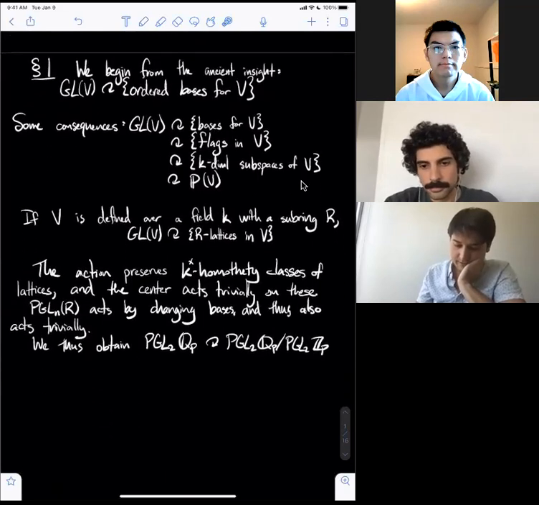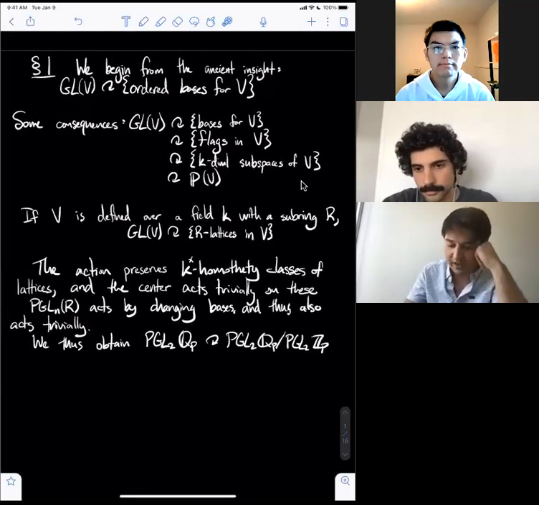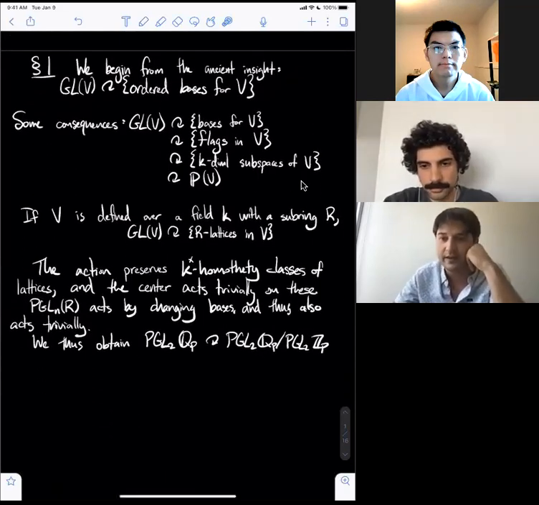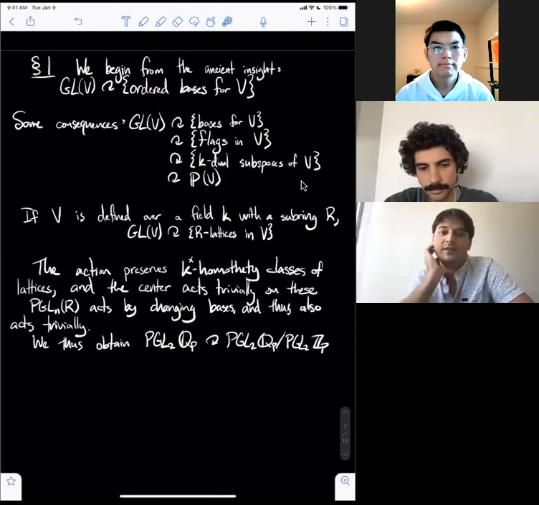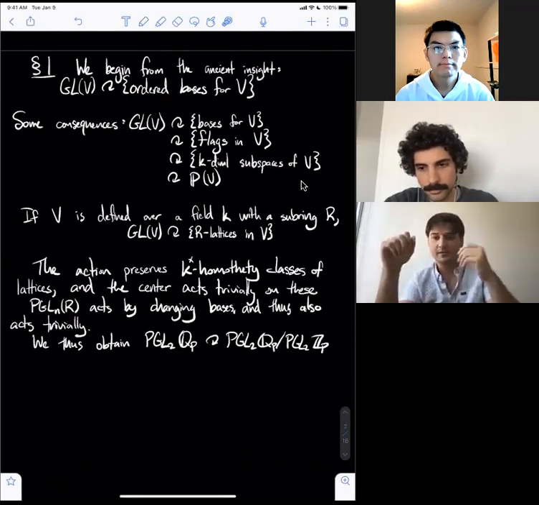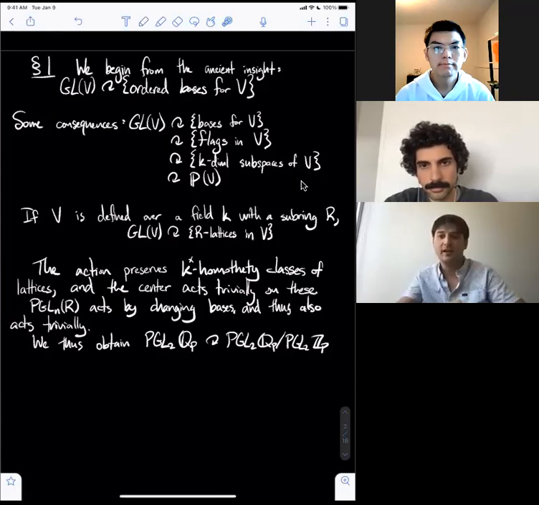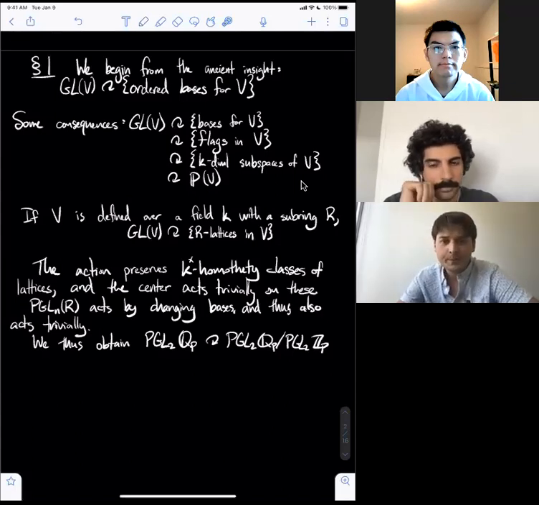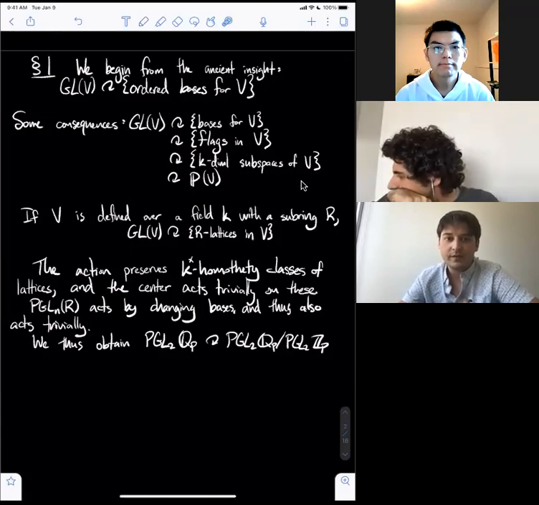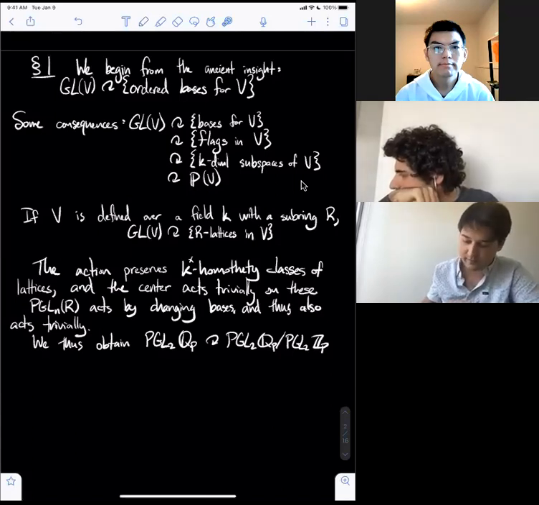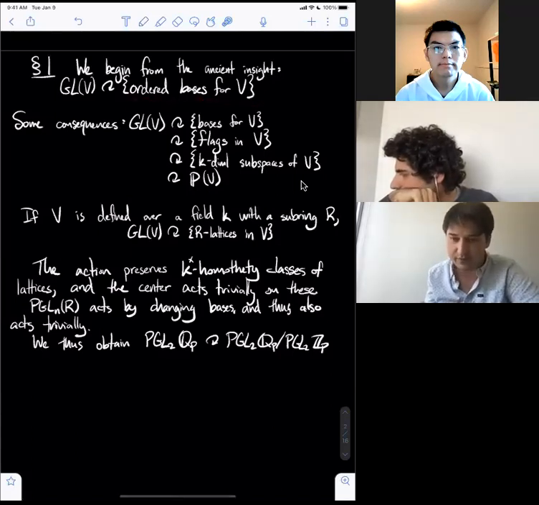Okay, so we'll begin from the ancient insight that the general linear group of a vector space acts on the set of ordered bases for that vector space. Thinking about this big action, we get a bunch of other actions that follow, right? In a way, this is a torsor for the group.